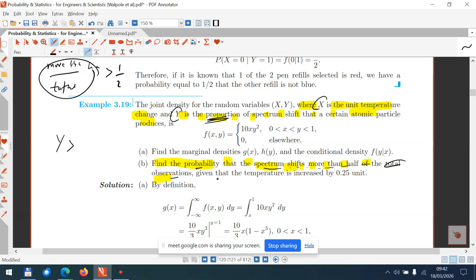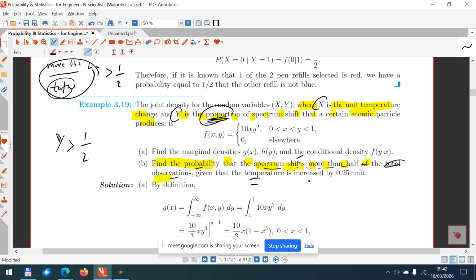Although you don't know the exact number of the total, more than half should give you enough hint. The advantage of defining y as a proportion is that you don't need to know the actual total. You just say y is greater than half.